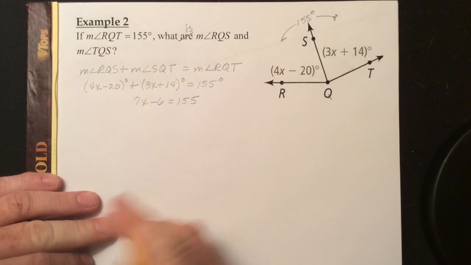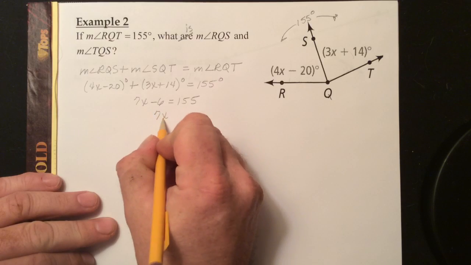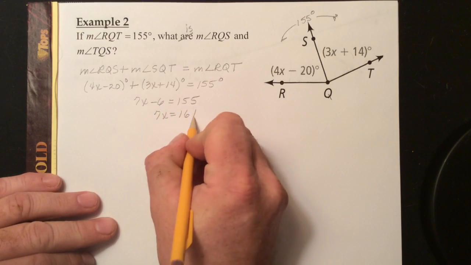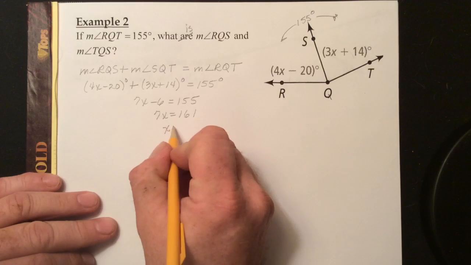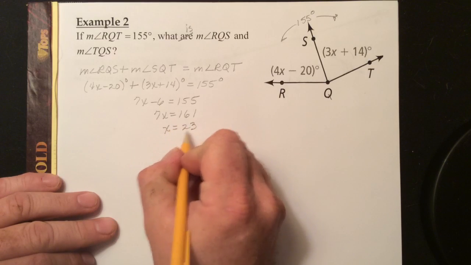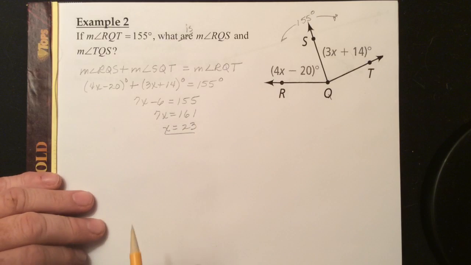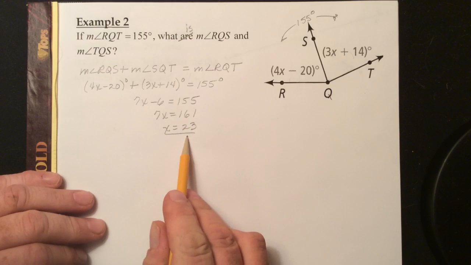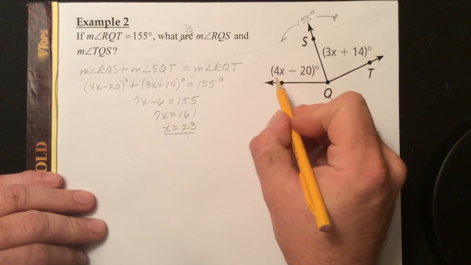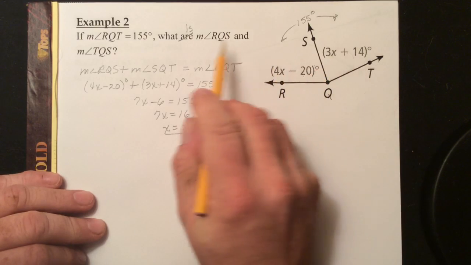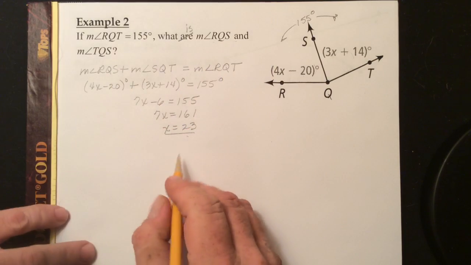Then by adding 6 to both sides, we get 7x equals 161. Then dividing both sides by 7, x equals 23. Now that we know the value of x is 23, we can substitute it back into these actual angle measures here and here, thereby answering our question.